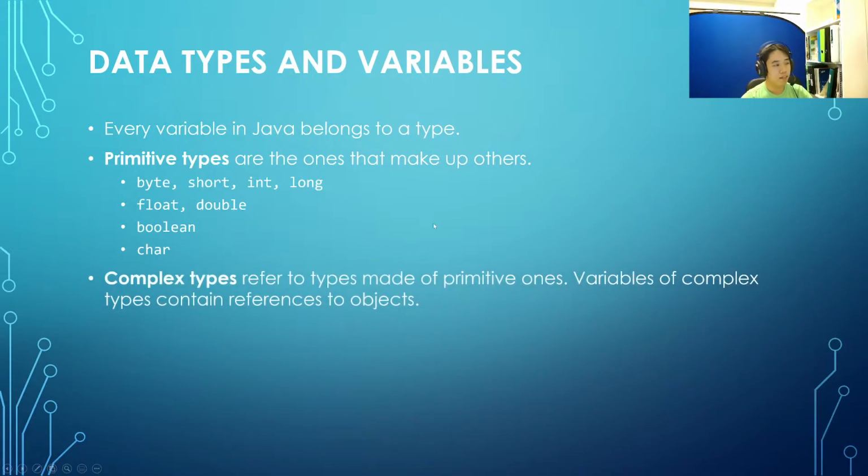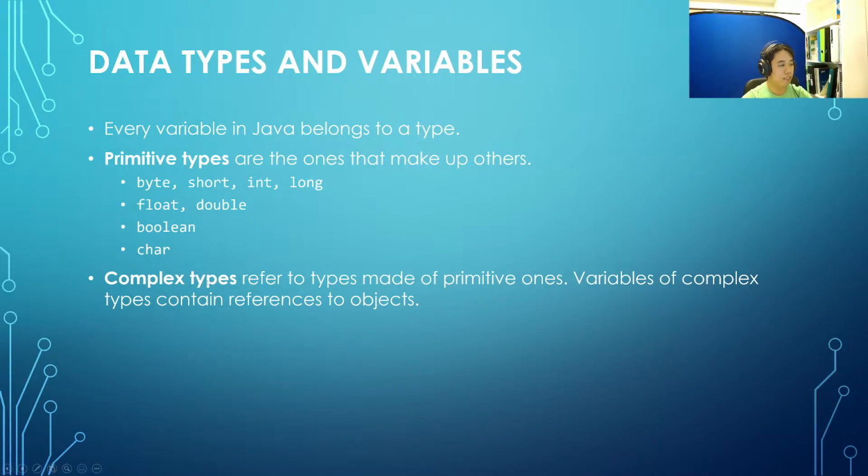We also have complex types, which pretty much refer to a lot of times classes and maybe data structures too. Data structures as in like structs in C, kind of. So these complex types are made of the primitive ones. So we have state variables that can maybe be complex types and primitive types.